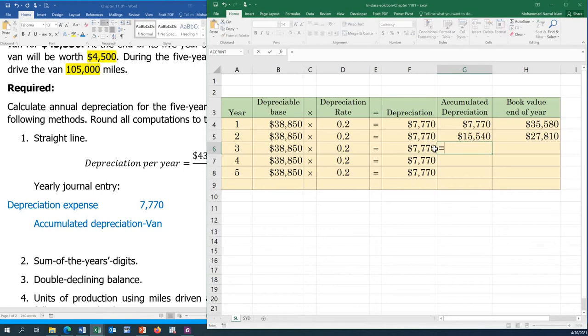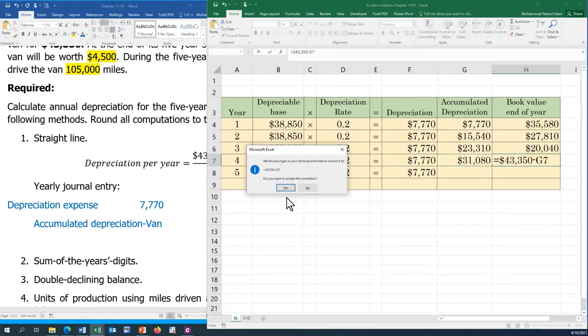Now in the third year, depreciation until the second year plus depreciation in the third year is the total accumulated depreciation, and our end of year book value would be 43,350 minus this one.